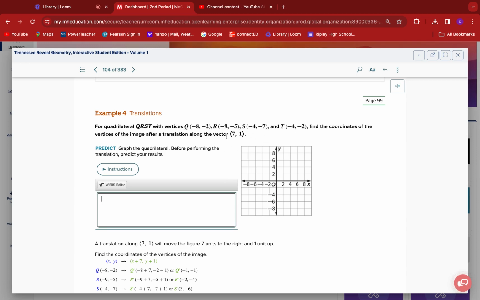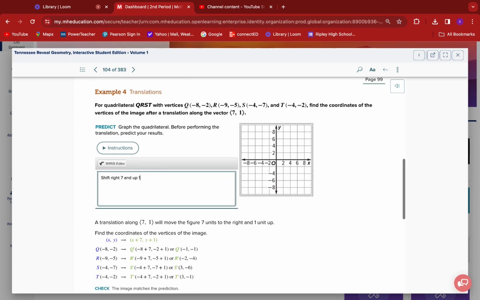So I'm going to add 7, add 1, which means I'm moving right 7 and up 1. So this is going to shift right 7 and up 1, because I'm going in a positive x value, a positive y value. So right 7, up 1.